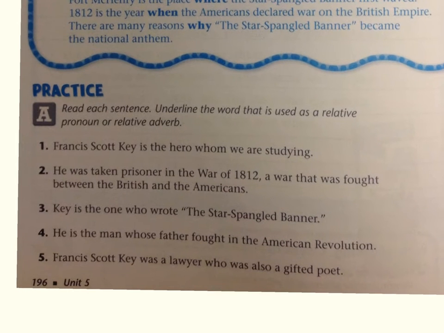The directions say read each sentence, underline the word that is used as a relative pronoun or a relative adverb. All right, so let's make sure that we can always, of course, refer back to our lesson here.